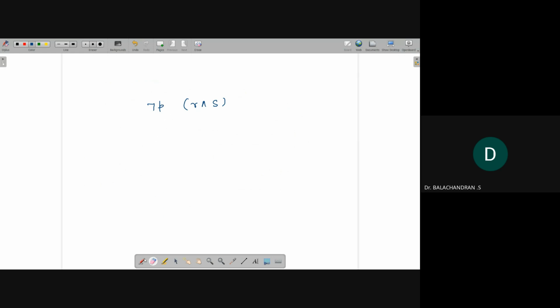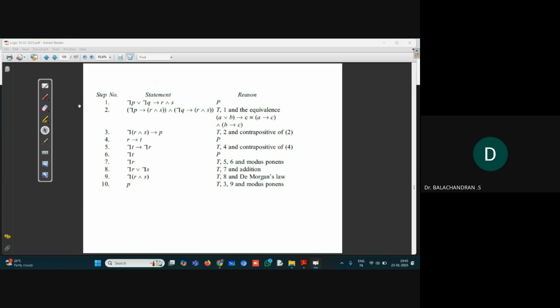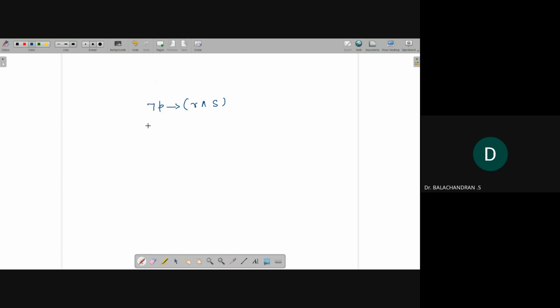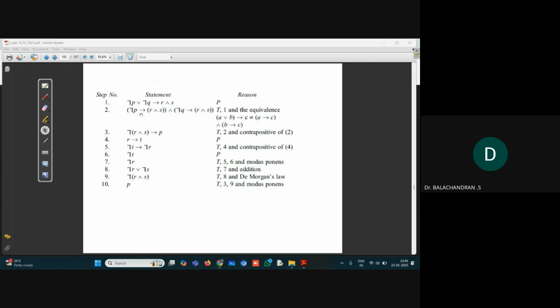So P and Q now here have implies. The negation P implies what? R and S. Now apply contrapositive. Directly we get negation of R and S implies P. So you can check it here: negation of R and S implies P.